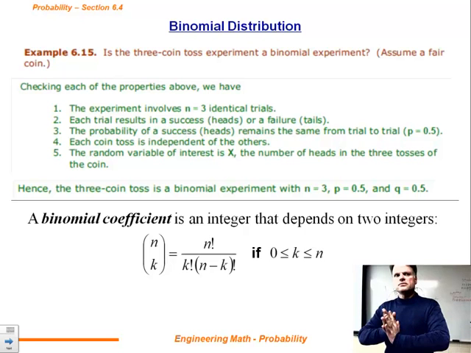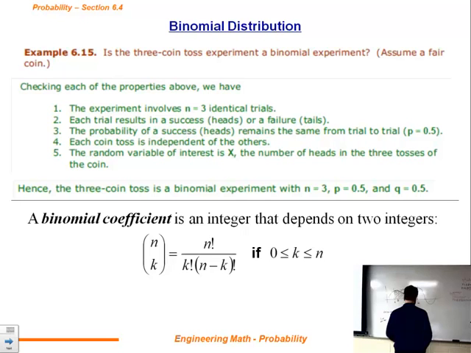We all know what a factorial is, right? No? Okay. n factorial is just the product of all integers from 1 to n. 0 factorial is defined to be 1 by convention. 1 factorial is 1. 2 factorial is 2 times 1, which is 2. 3 factorial is 3 times 2 times 1, which is 6, and so forth. 4 factorial is 24.